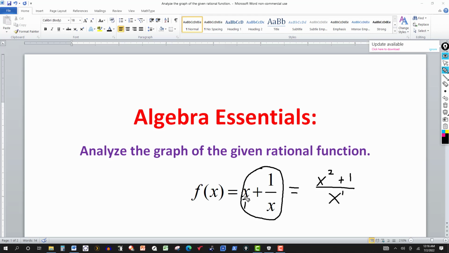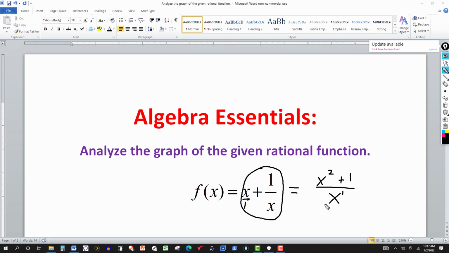Now keep in mind, a graph can intersect a horizontal asymptote at times. It's never going to intersect a vertical asymptote because the vertical asymptote comes from values that make the denominator 0, so it's undefined there. It may also intersect a slant asymptote. Never a vertical.